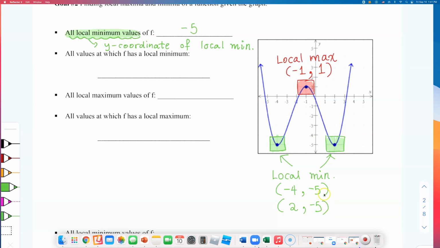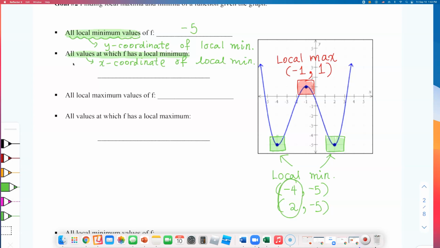So if you type up or write -4 and 2, that will be incorrect. If it's asking for minimum values, you need to give them the y coordinate. Next is asking all values at which f has local minimum. Now this wording is asking for the x coordinate of local min. So what are the x coordinates?